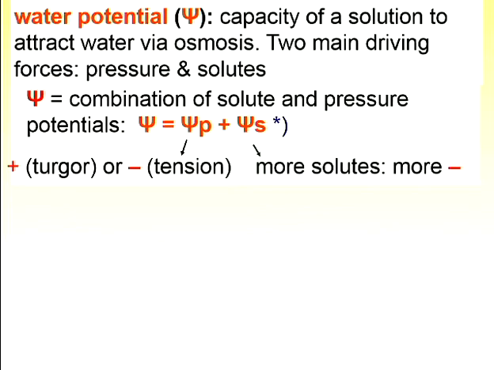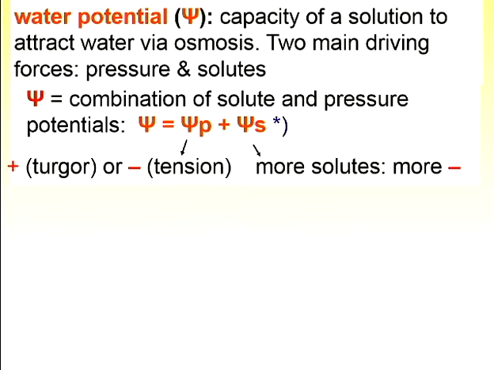So psi, this is his trident, you see, that he's holding. So water potential psi is also sometimes written as psi w with a little subscript w. That is the overall potential of a solution or a place to attract water via osmosis.